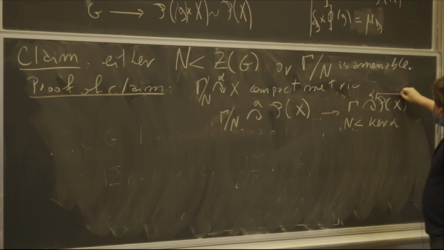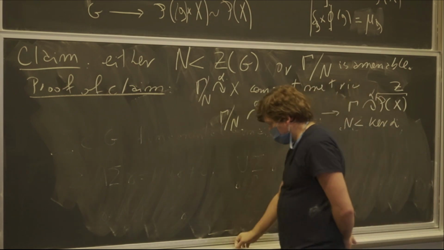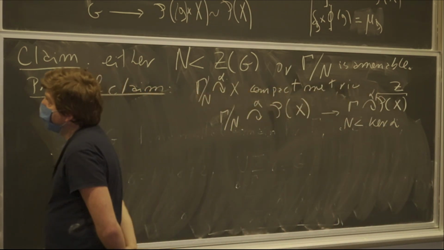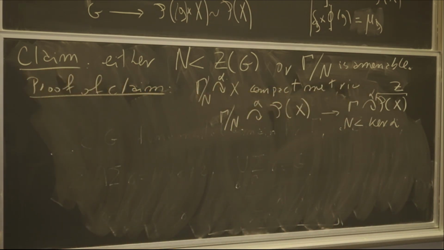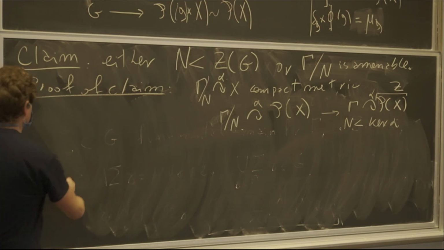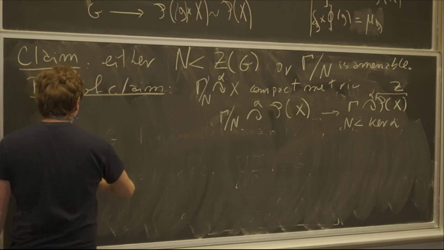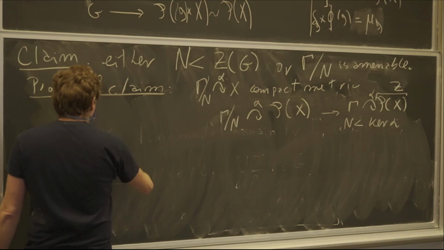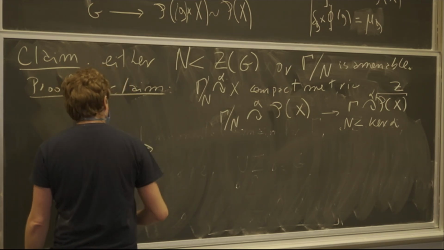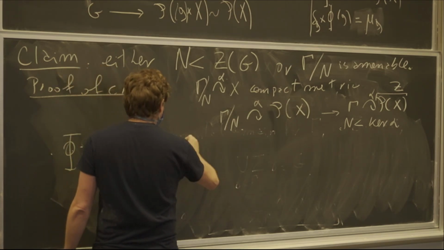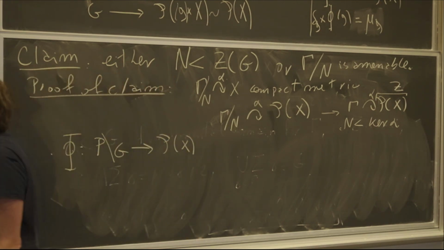And this is now Z. We saw by the previous construction, this is phi up there, a measurable map defined G almost everywhere into this P of X. We satisfy the hypotheses of the theorem, so this H is the phi.